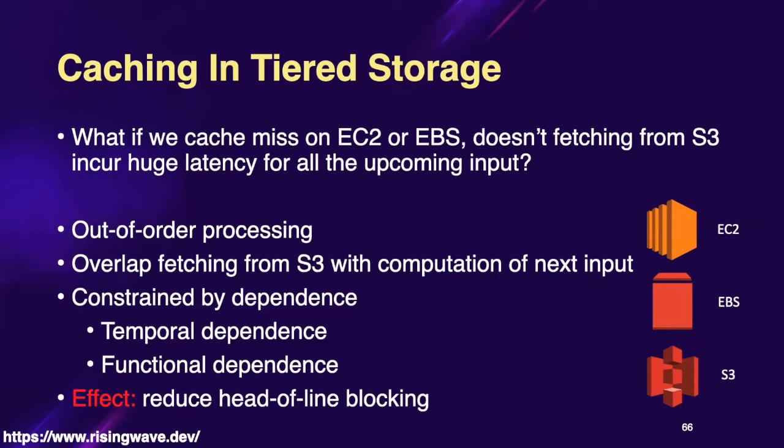So we cannot reorder the events if they have the same primary key. Right. So this out of order processing is also constrained by some application level dependency, right? But anyway, by doing this out of order processing, we can basically hide the latency of fetching from S3 by overlapping with some other processing at the same time.